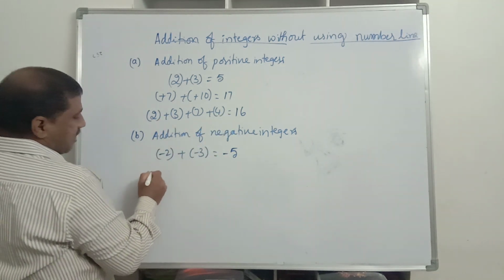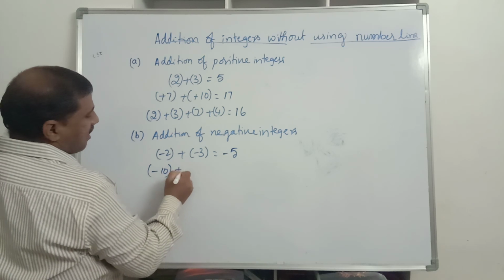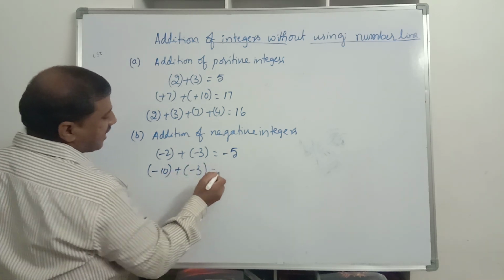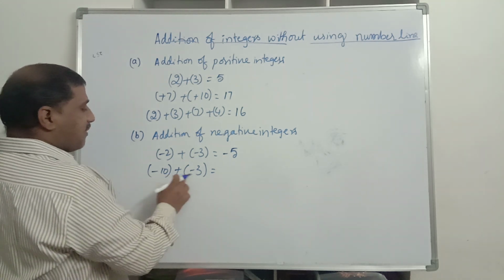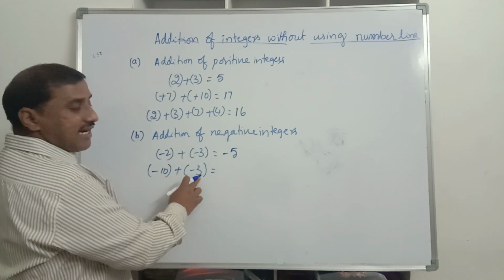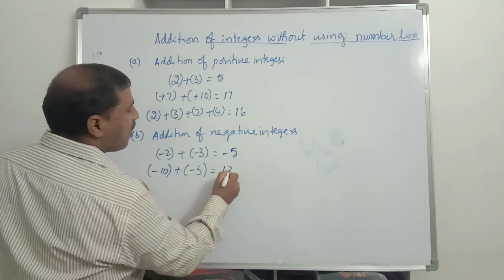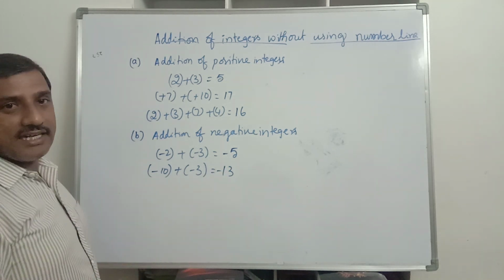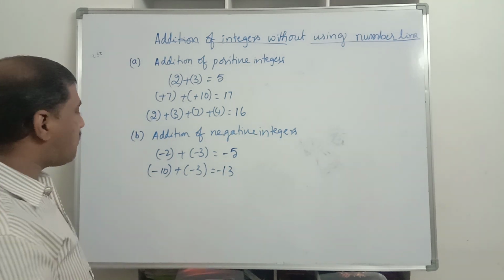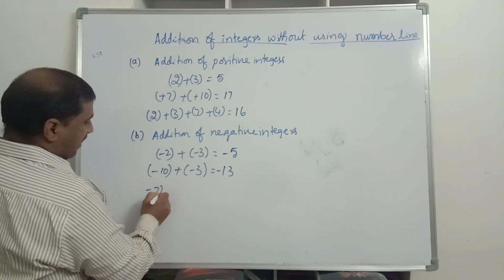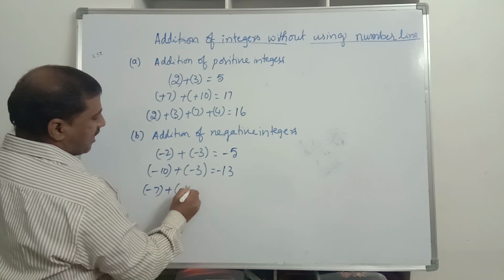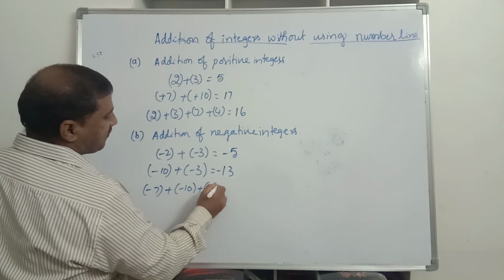Now we will discuss minus 10 plus of minus 3. What to do? Just add the numbers. 10 plus 3 is 13, and take the common sign, it is minus 13. What about if more than two negative numbers are there? Minus 7 plus minus 10 plus minus 15.